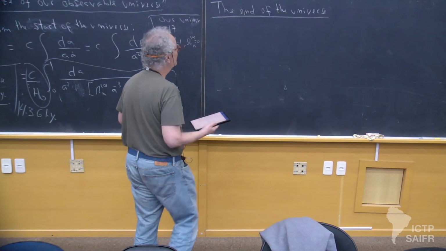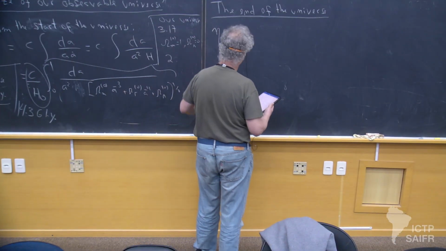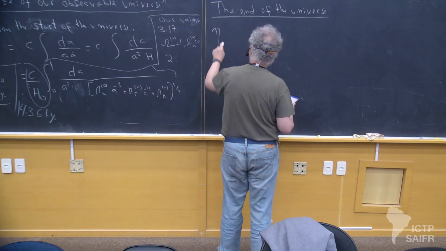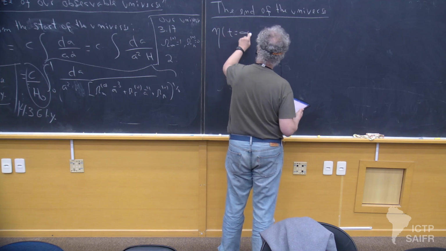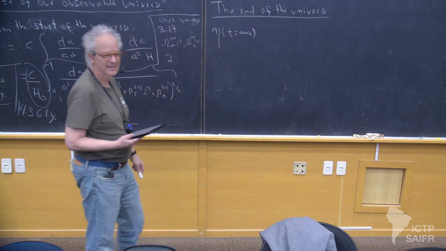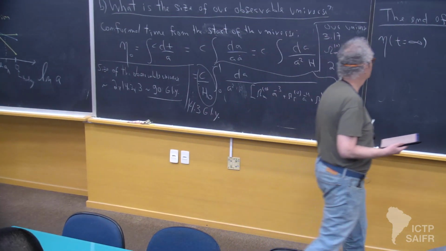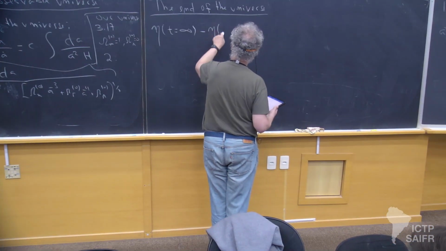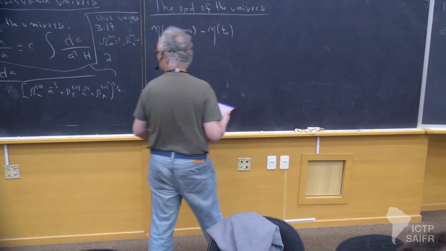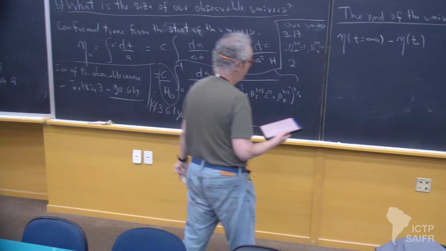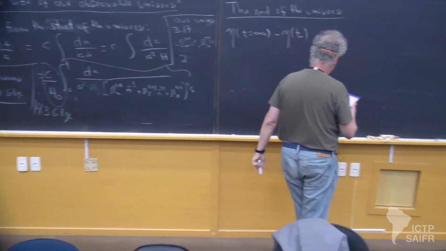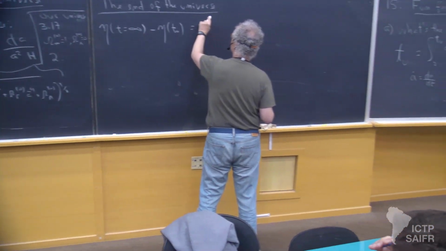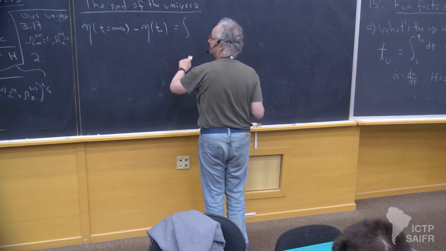So you can compute the conformal time at infinity. And actually what I'm going to do is just subtract the conformal time today, which is this one here, eta 0. So again, this is just the integral, the same thing that we did here.